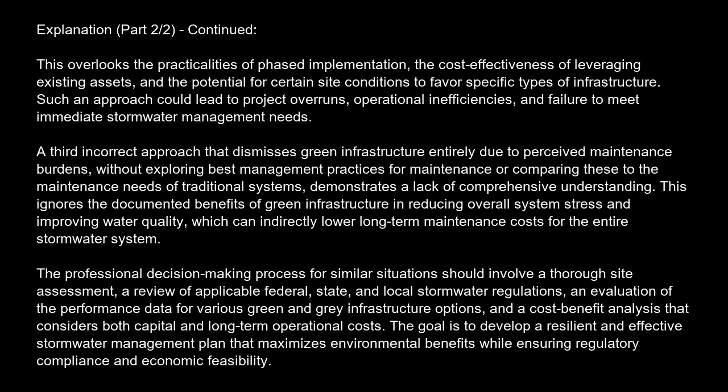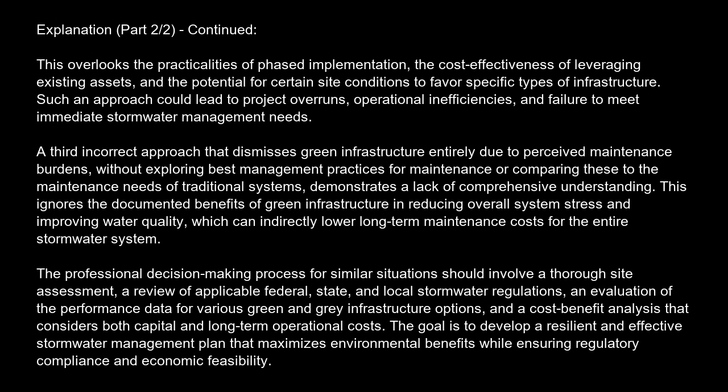A third incorrect approach that dismisses green infrastructure entirely due to perceived maintenance burdens, without exploring best management practices for maintenance or comparing these to the maintenance needs of traditional systems, demonstrates a lack of comprehensive understanding. This ignores the documented benefits of green infrastructure in reducing overall system stress and improving water quality, which can indirectly lower long-term maintenance costs for the entire stormwater system.